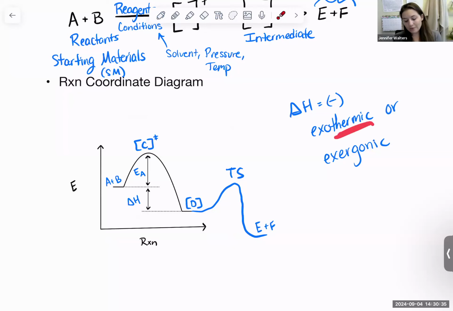So thermic just means heat. Gonic is referring to Gibbs free energy. So this is looking at the fact that the product is lower in energy than the starting material. That's what's giving us the negative delta H. If the products were higher in energy than the starting material, then it would be endothermic or endergonic.